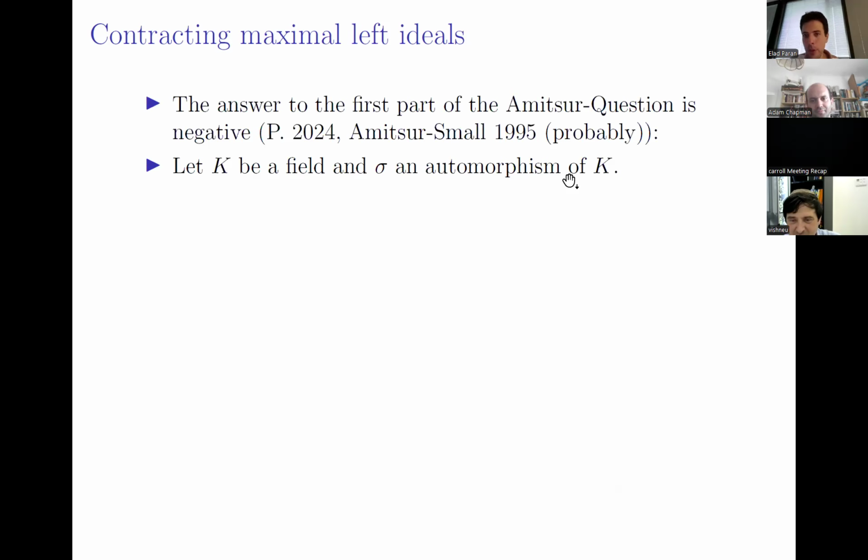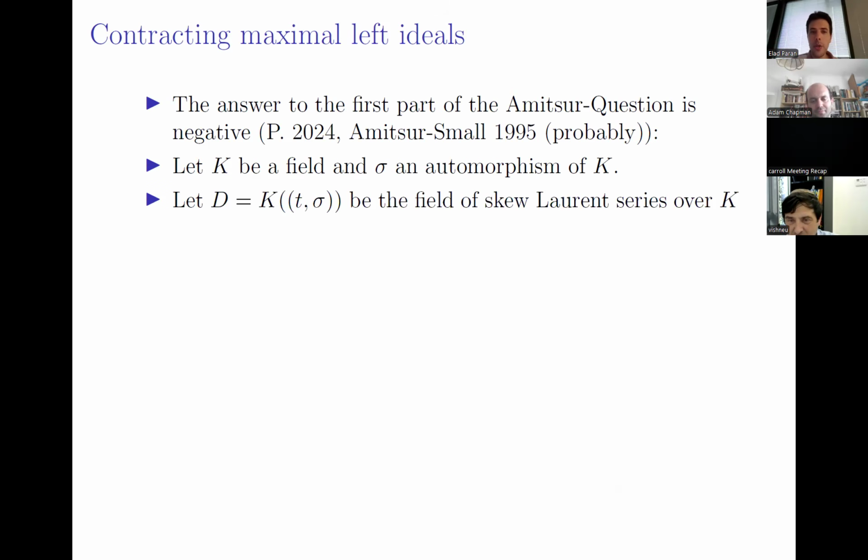There are many counterexamples, but I will just give you the first example I could come up with, which is the following. You take a field K, and then you take an automorphism sigma of K, and then you consider the skew field of Laurent power series over K. So what does this mean?